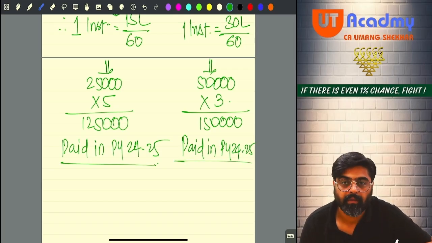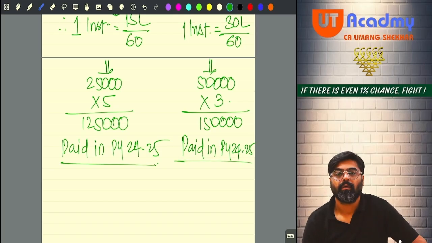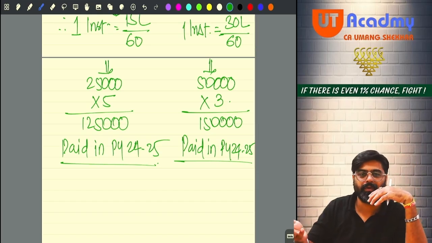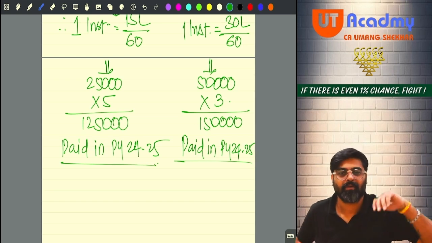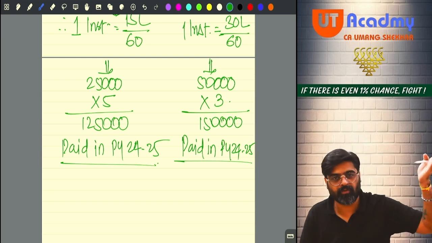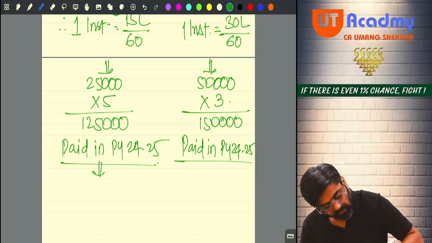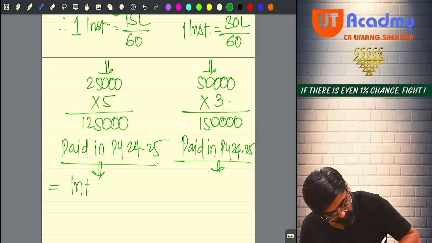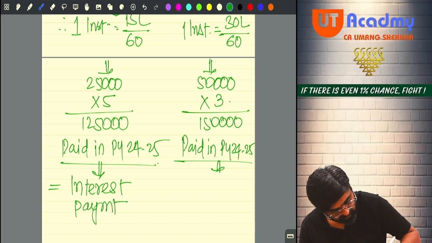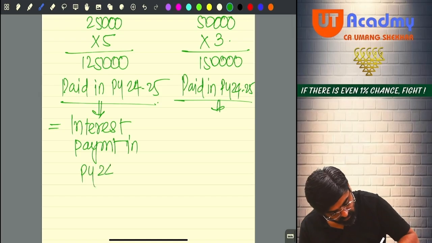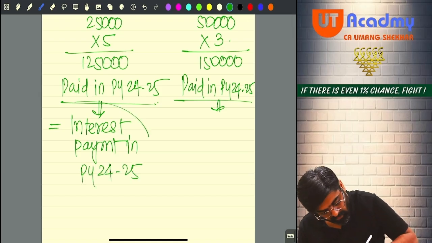Getting my point, everyone? What is this? Interest only, which got converted into loan, is now being repaid as loan. So the amount of loan repayment which you are making is nothing but the interest you are paying. So this is equal to interest payment in previous year 24-25.